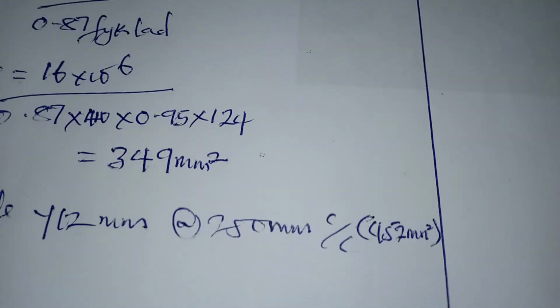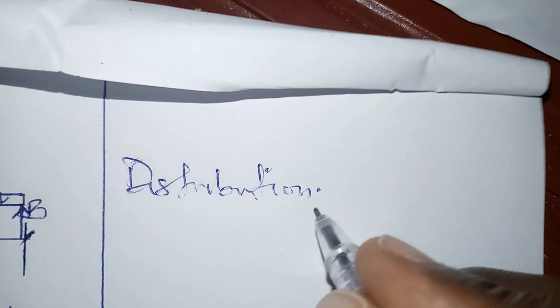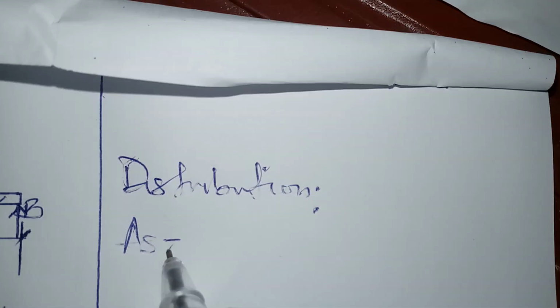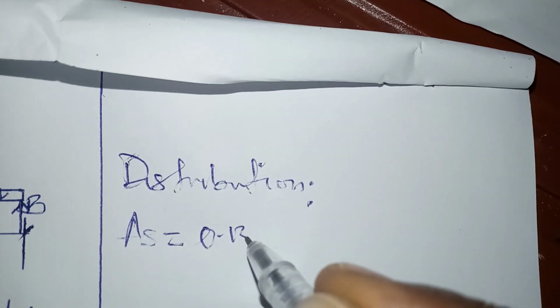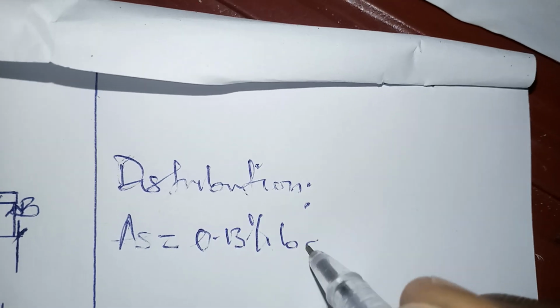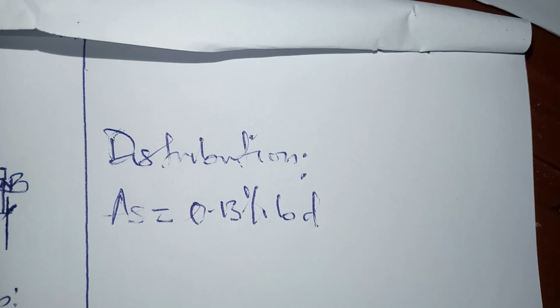So let's proceed. The next step would be to calculate for distribution. We are going to be using As is equal to 0.13 percent bd. That's what we are going to be using for our distribution.